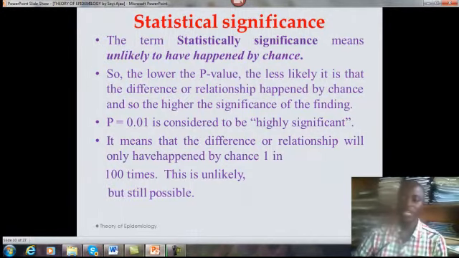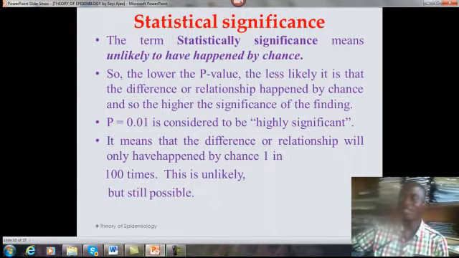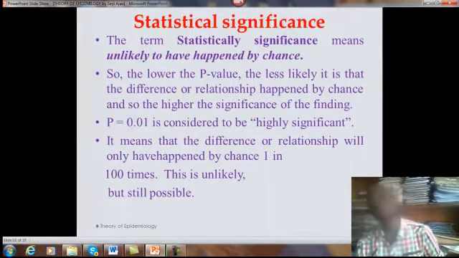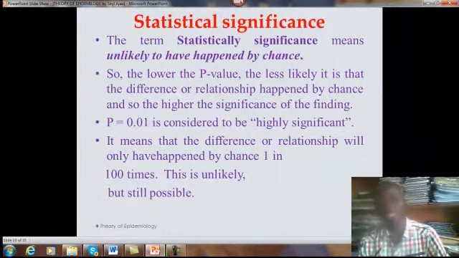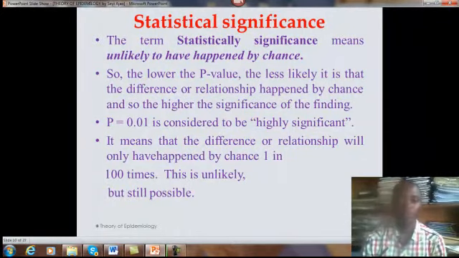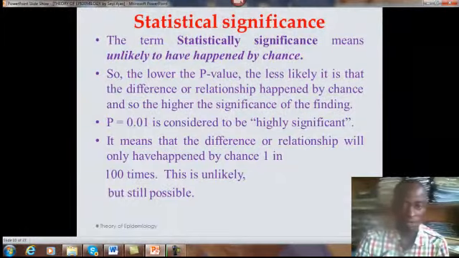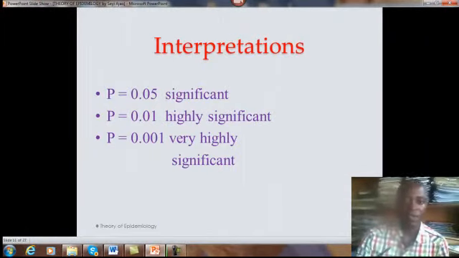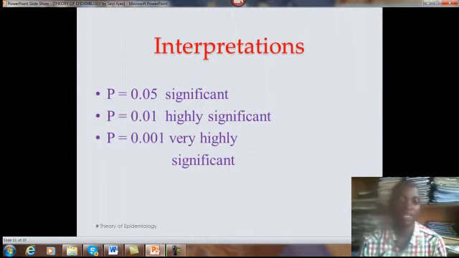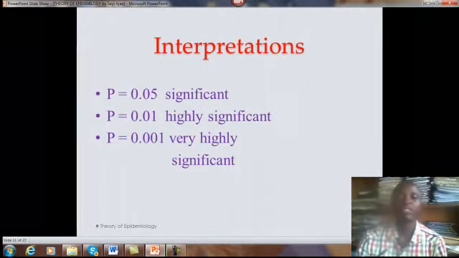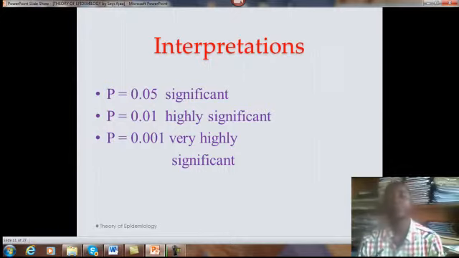That relationship or difference has to be significantly observed. If the value is too high, it means the statistical significance will be very low, which the researcher doesn't want. So we have the interpretation: 0.05 is significant, 0.01 highly significant, 0.001 very highly significant.